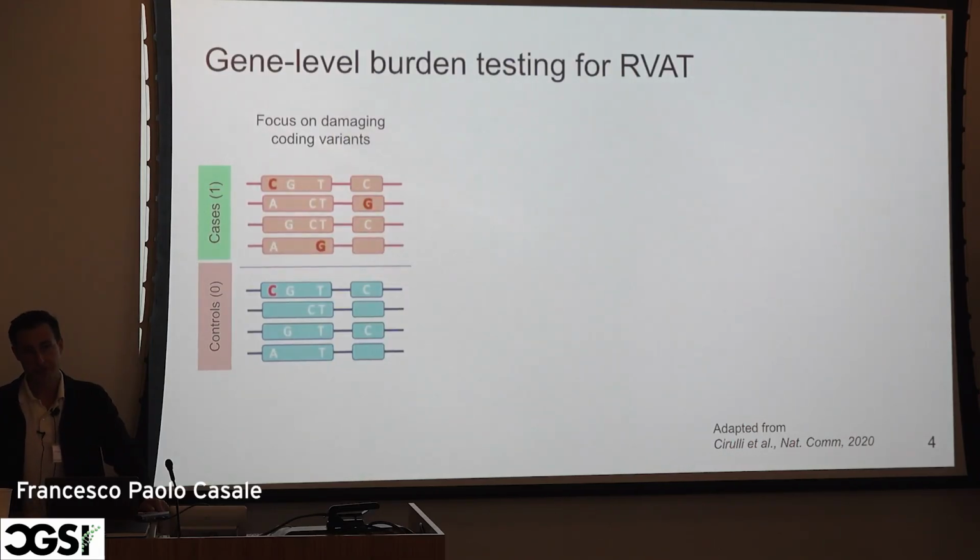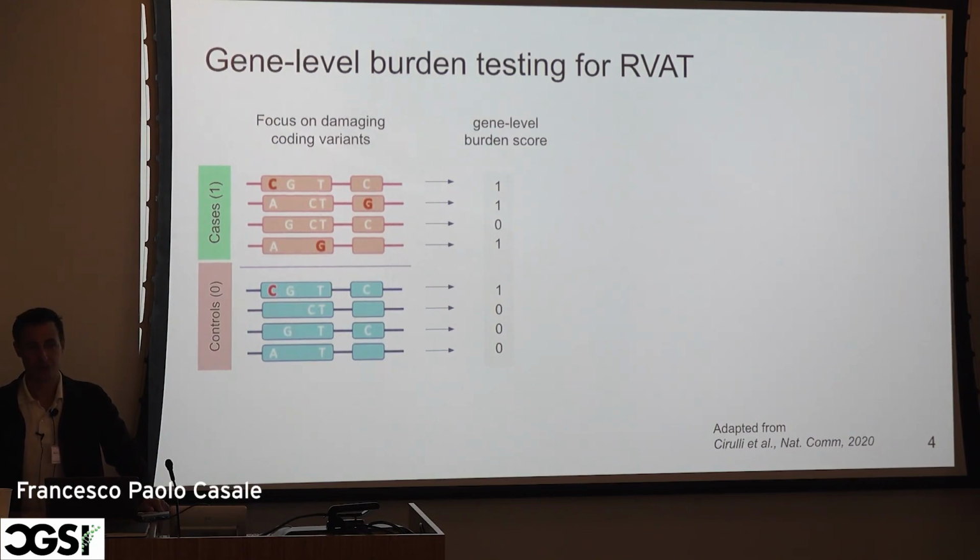So what people have done, and this is just one approach to rare variant association testing, is to collapse multiple rare variants into a single gene-level genotype, so to say. These are typically called burden tests. For this type of test, people tend to focus on damaging coding variants for a given gene, and then collapse them into a gene-level burden score using a very simple aggregation strategy.